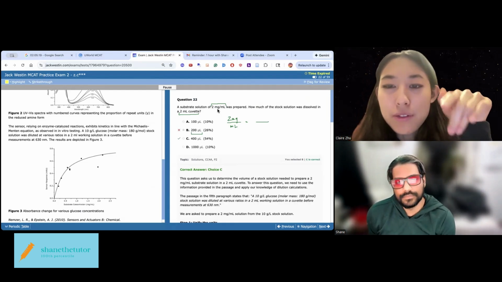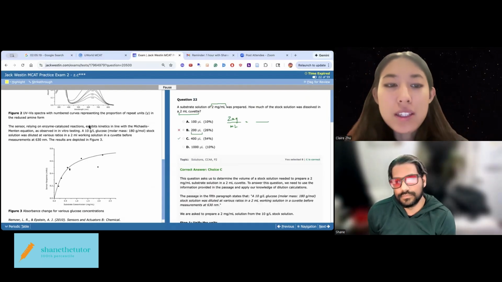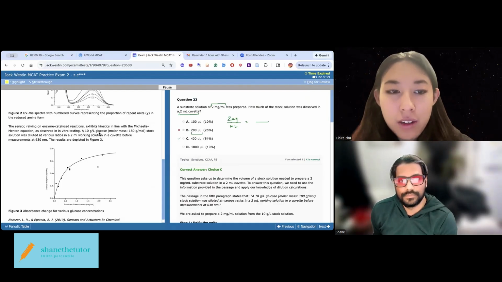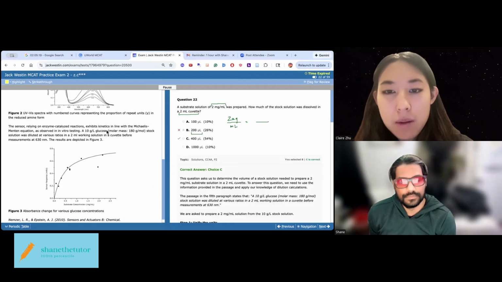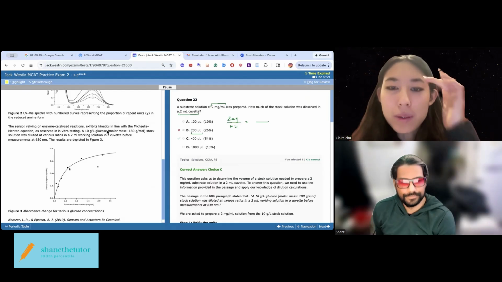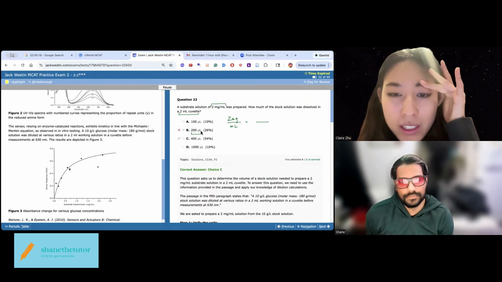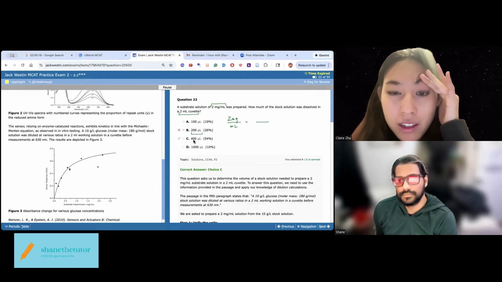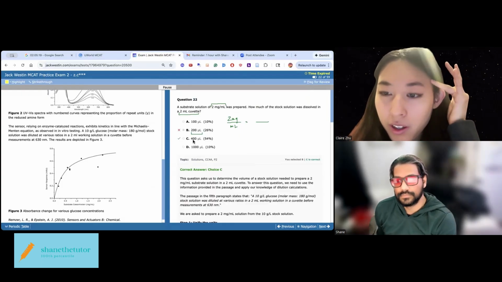So because it's 4 milligrams, we have to see, given that it's 10 grams per liter, how much volume will give us 4 milligrams. Okay, that makes sense. And then we didn't really have to pay attention to these units. It's more just getting the numerical value of 4.